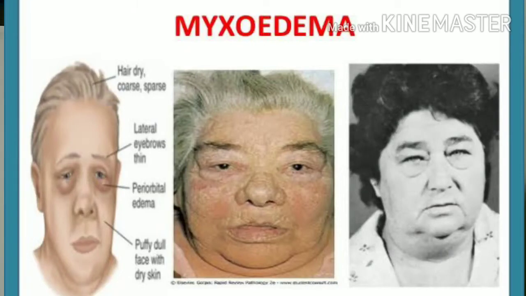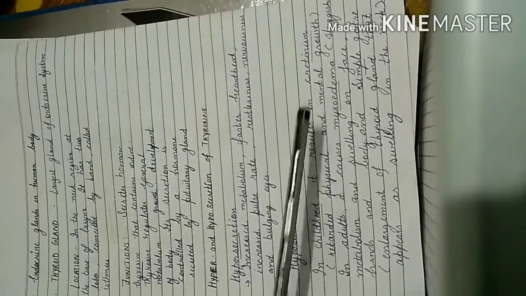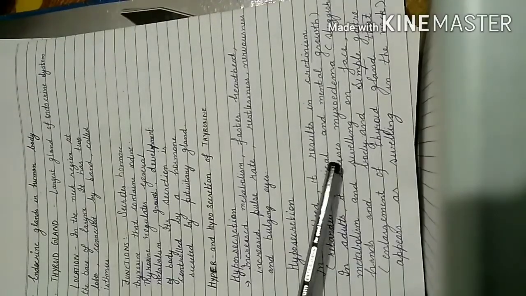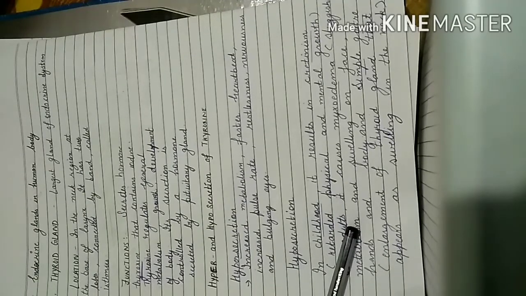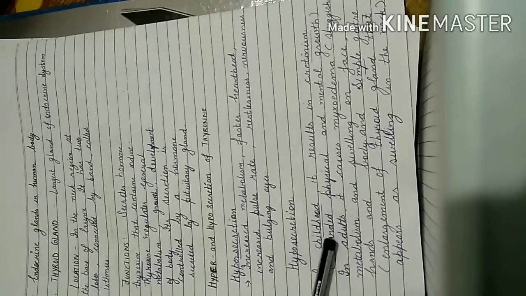In adults, the disease caused is myxoedema. Here it means sluggish metabolism, and there will be swelling on the face and hands as well as on the body.